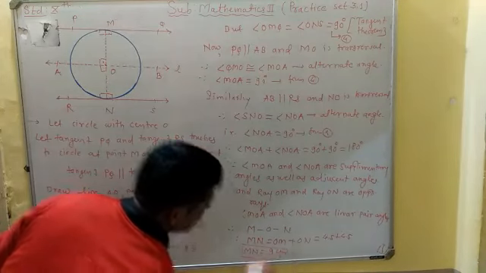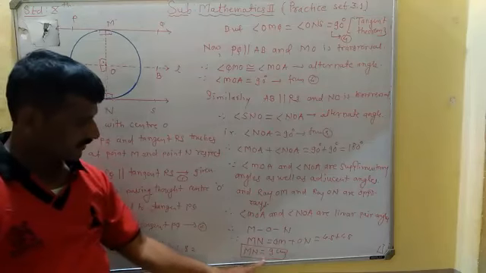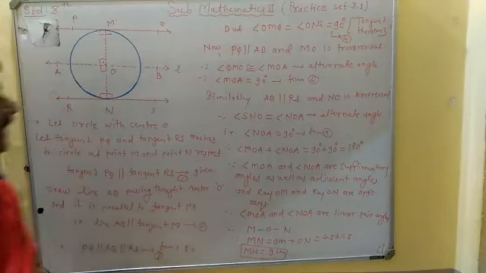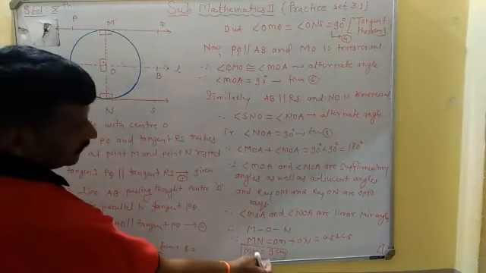That is our final answer. OM and ON are radii. Therefore, we get MN is equal to 9 centimeters, and hence we say that the distance between the two parallel lines is 9 centimeters.